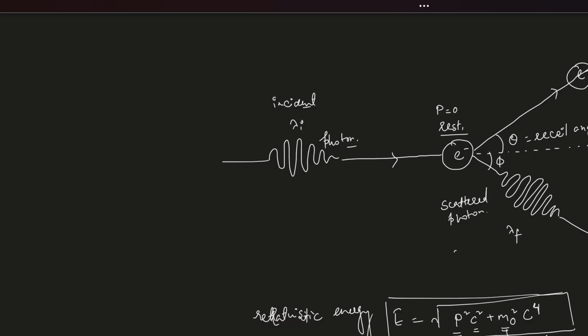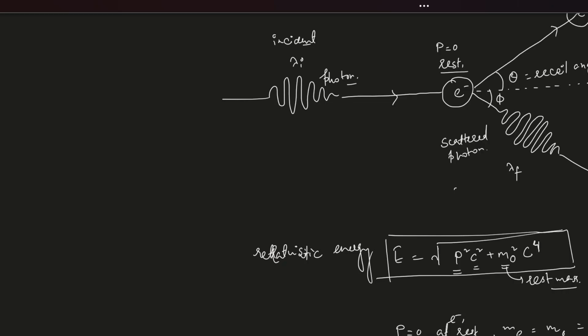As far as I remember, the electron's rest mass energy is a standard 0.5 MeV, the rest mass energy equivalent. That means this is m naught C squared. Anyway, we'll not go into that.